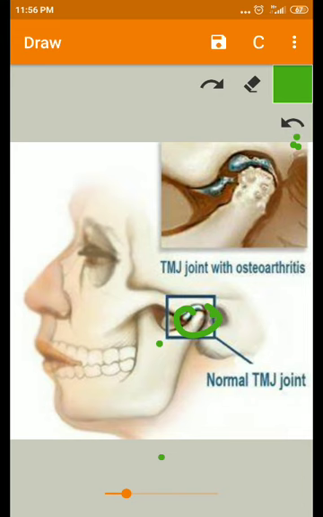Normally this joint hypermobility shows some pathological changes like hypertrophy, atrophy or contractures in the lateral pterygoid muscles, particularly in the superior portion.